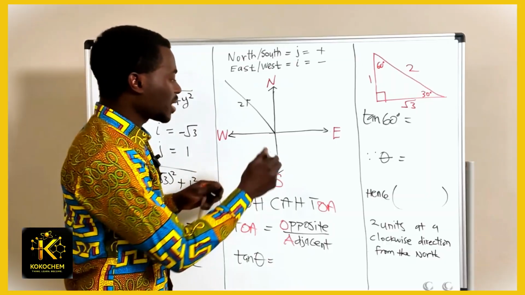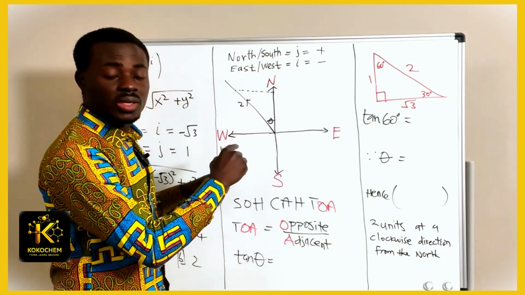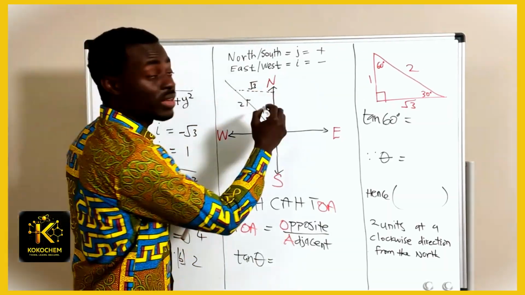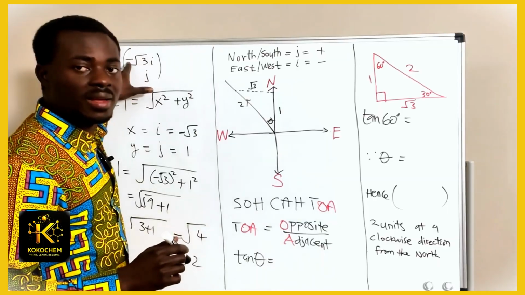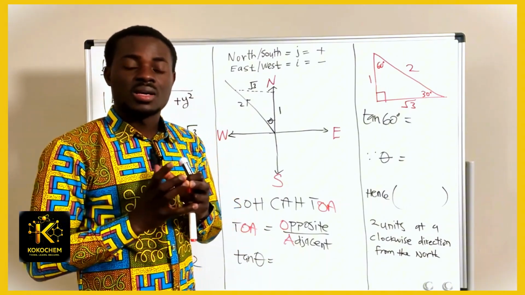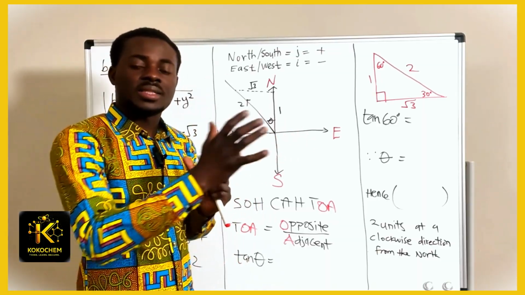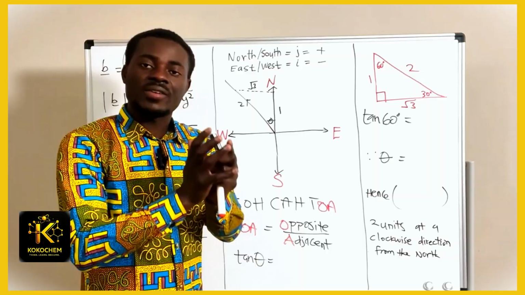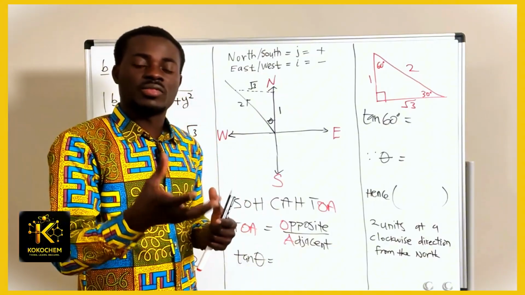The bearing, theta, is measured with respect to the vertical axis, which is north. The horizontal value is root 3 and the vertical value is 1. The minus and plus signs are only there for direction, and they tell us which of west, east, north and south the vector points to. To calculate the value of the angle theta, whether the value is negative or positive, we use the absolute value.